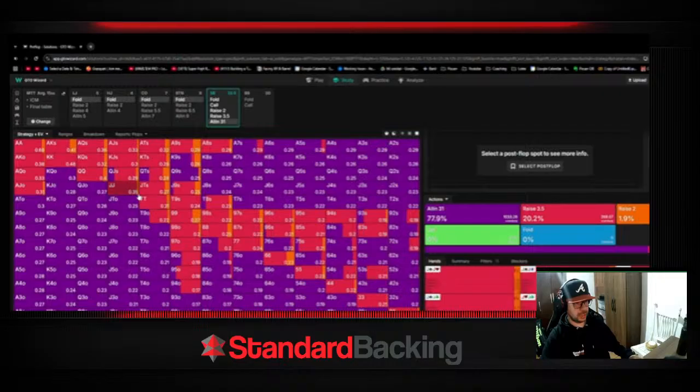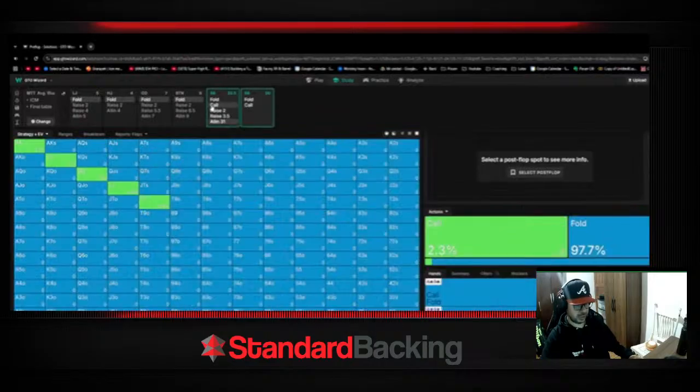Tens is pretty good, jack is pretty good, but the player is shoving hands like jack-seven, and jack-seven versus ace king has some decent equity. Ten-seven versus ace king has a decent equity. So that's why it only chooses these hands that have the best performance versus this shoving range, right?